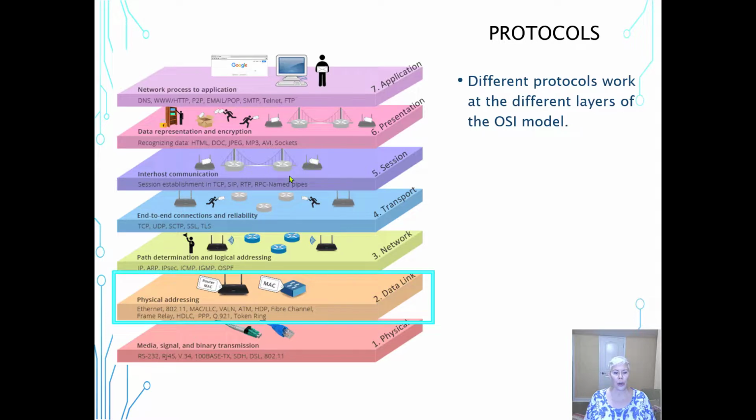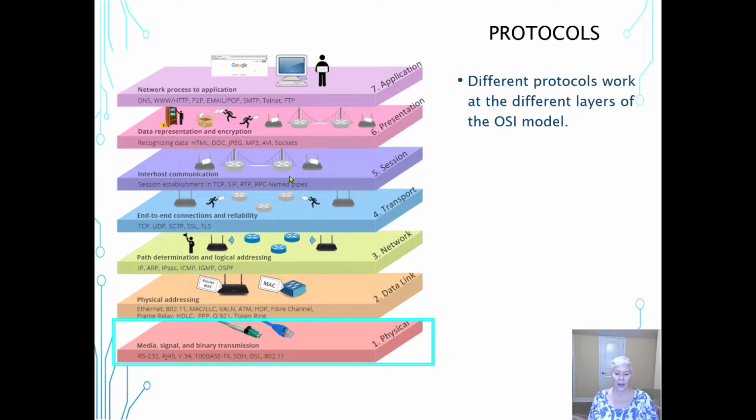Layer 2 is where we've got the physical address or the MAC address. The MAC address will be picked up at layer 2. We also have HDLC, PPP, Ethernet. This is all happening at layer 2, the data link layer.